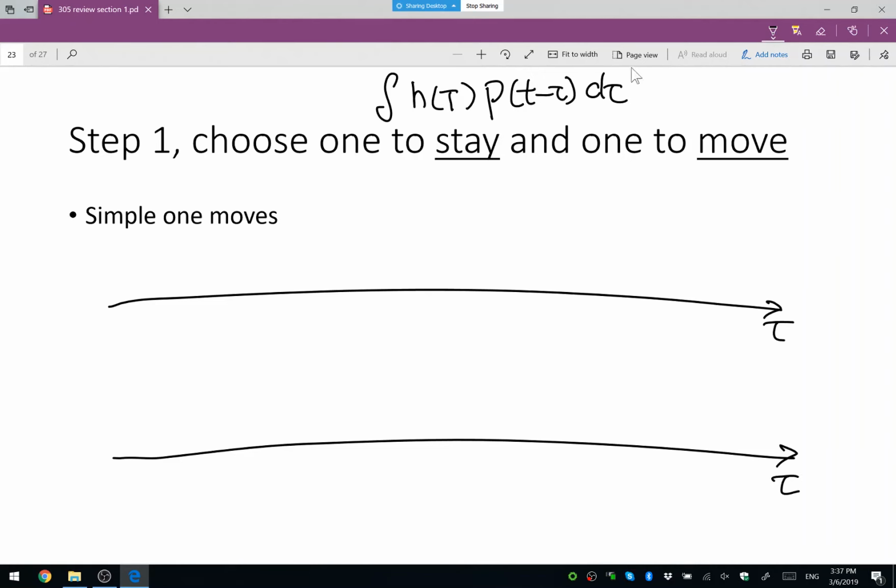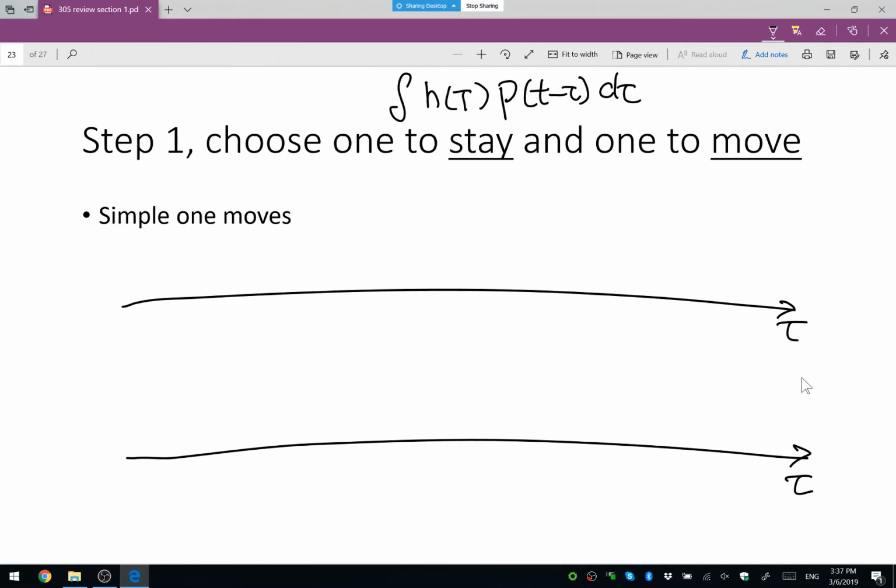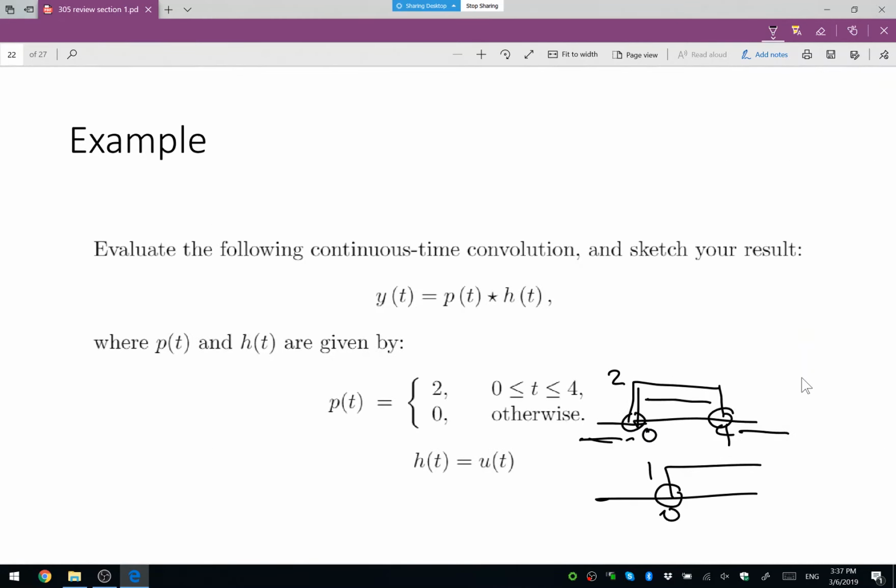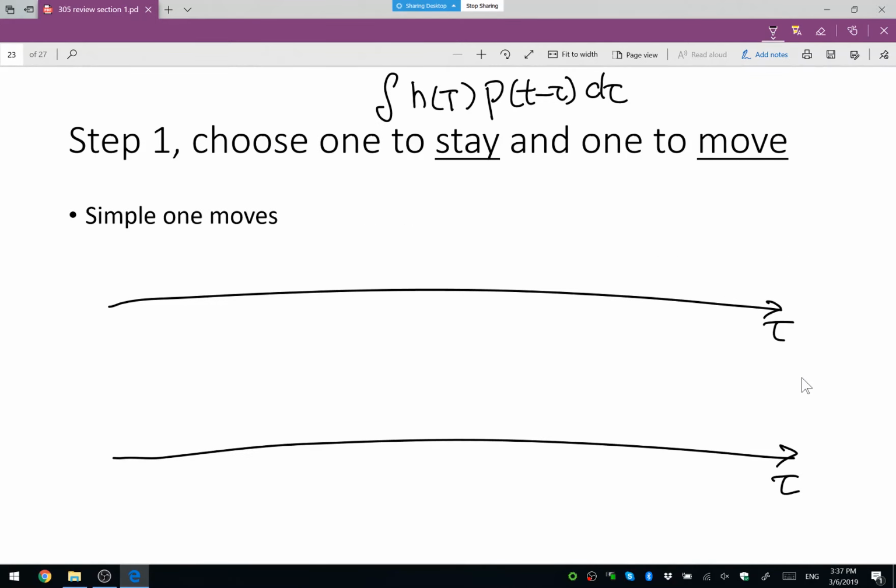This tau is something that is going to disappear in your answer. So let's draw the one that stays: it is from 0 to 4, magnitude 2.